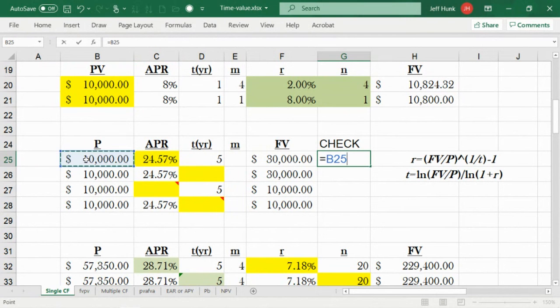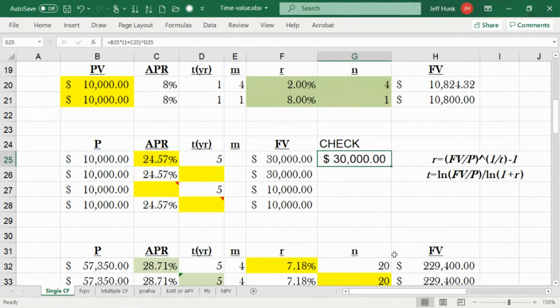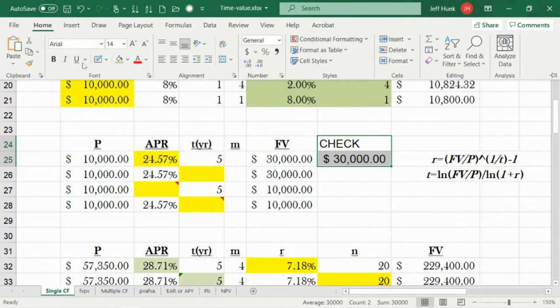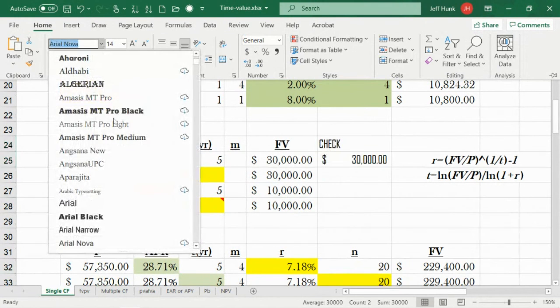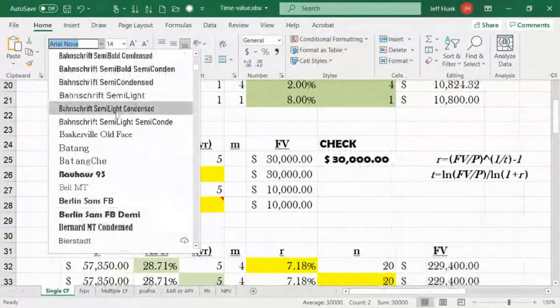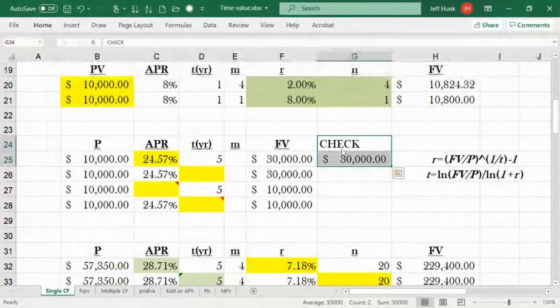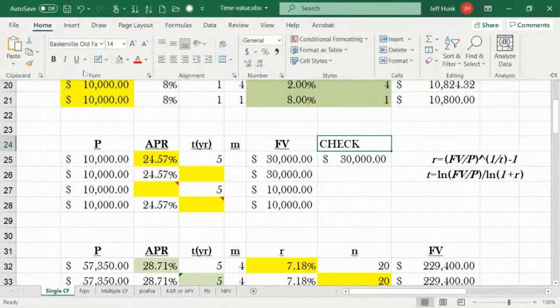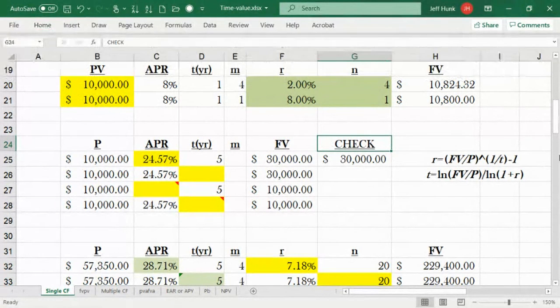P times (1 plus R) raised to n should give you exactly 30,000. Exactly 30,000, right? It checks out.